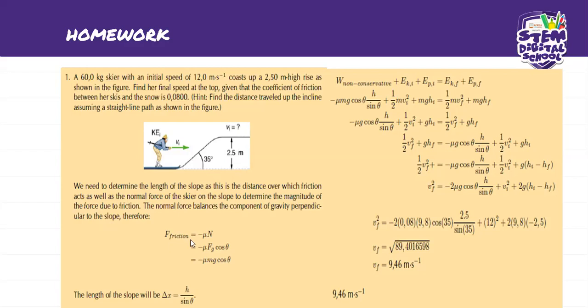So friction is going to be minus the coefficient times the force of gravity times the cos of theta, so minus 0.08 times the force of gravity times cos theta. The length of the slope will be triangle H, which in this case is H over sine theta. Remember, what we're doing here is opposite over hypotenuse.